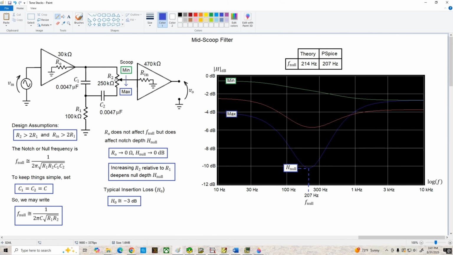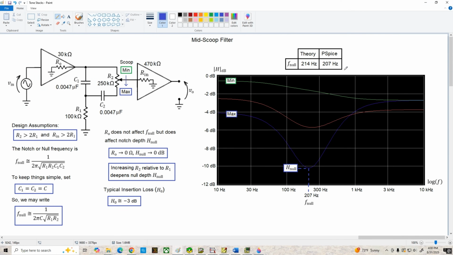So for the circuit, as I have shown here, our capacitors are 0.0047 microfarad, R1 is 100K, R2 is 250K. If we plug those values into our null frequency equation, we get 214 Hertz. And as you can see here on the graph, this PSpice capture gave a null frequency of 207 Hertz. So they're in really good agreement.